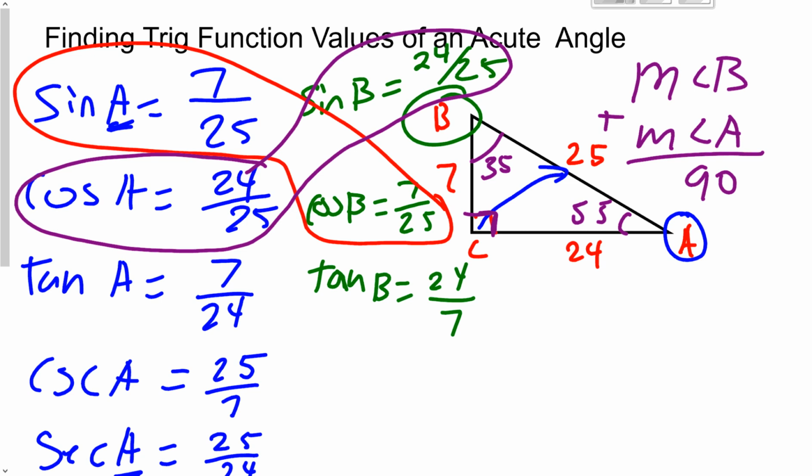So here we can see that sine, we'll say, even though that's not true, sine of 35 equals 24 over 25. That's not true, but I'm just going to put it in there. But cosine of 55, isn't that the same as 24 over 25?